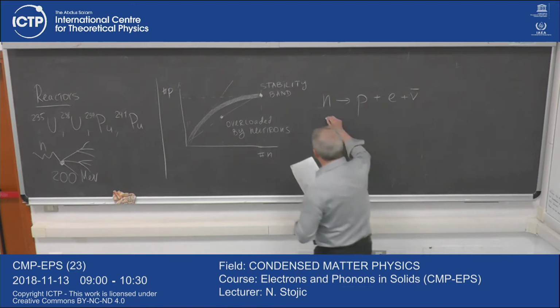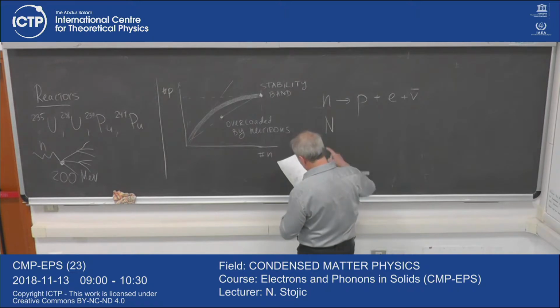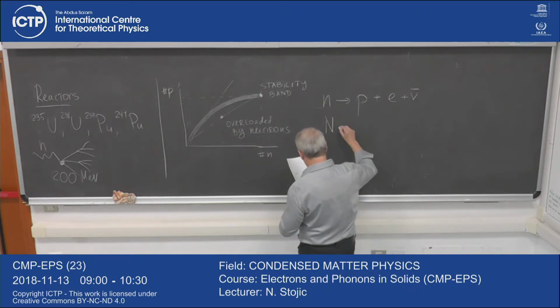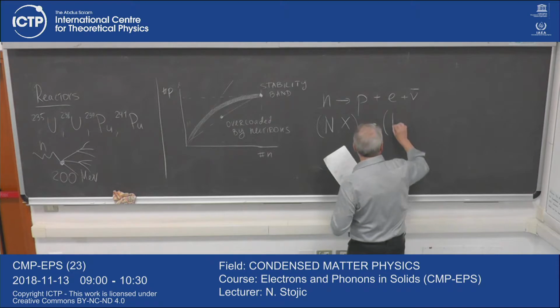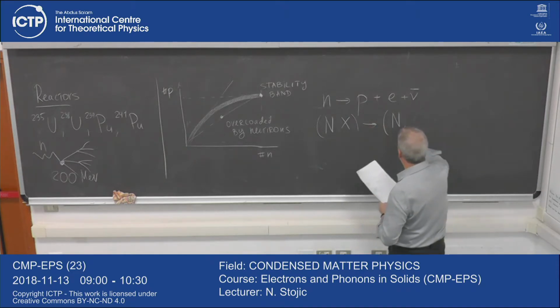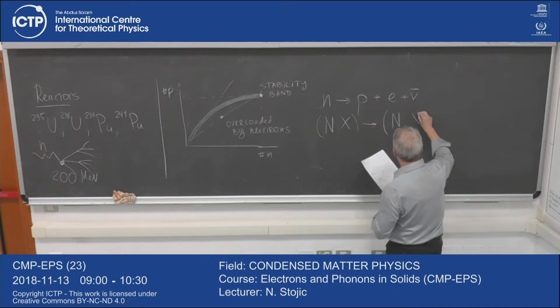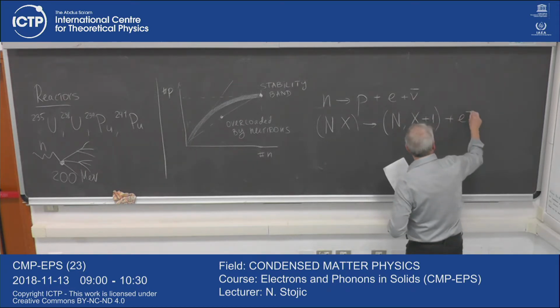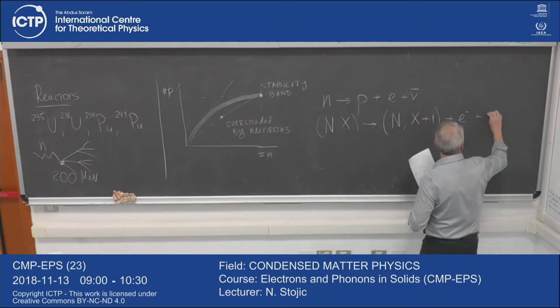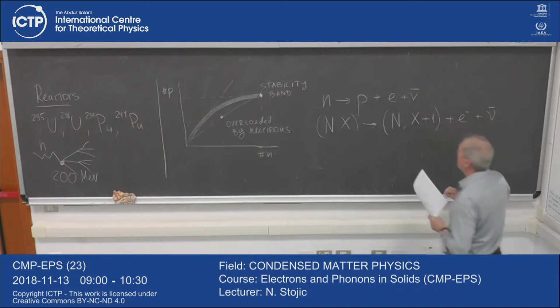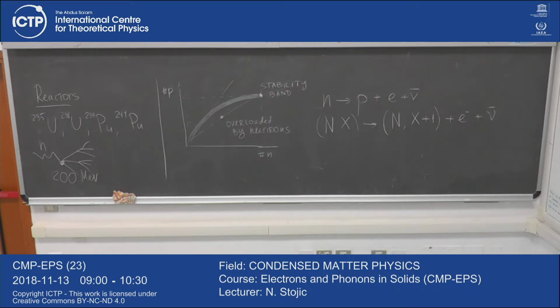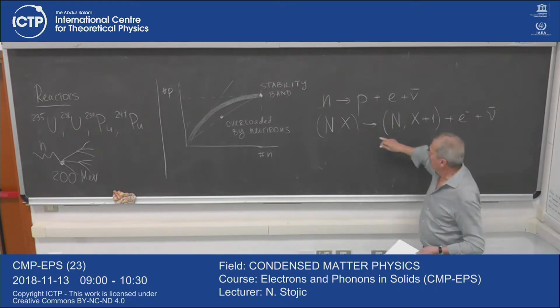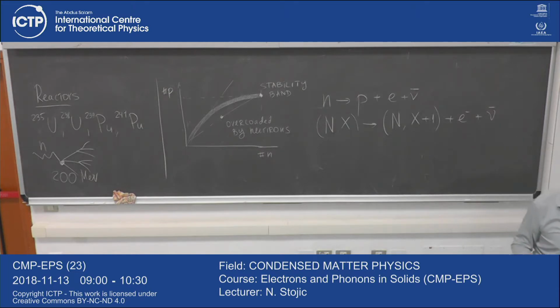So you have a nucleus with number of nucleons n and charge x, and it goes to a nucleus with number of nucleons n and charge x plus 1, plus an electron and plus an antineutrino. So this is what happens inside these nuclei.